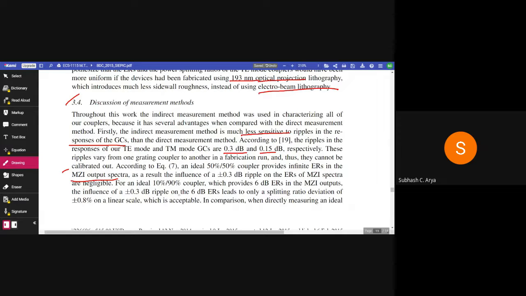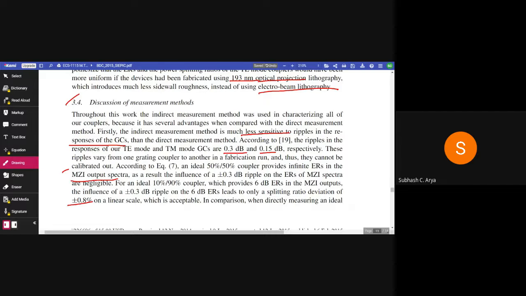For an ideal 10% to 90% coupler, which provides a 6 dB extinction ratio in the MZI outputs, the influence of the plus/minus 0.1 dB ripple on the 6 dB ER leads to only a splitting ratio deviation of plus/minus 0.8% on a linear scale, which is acceptable.